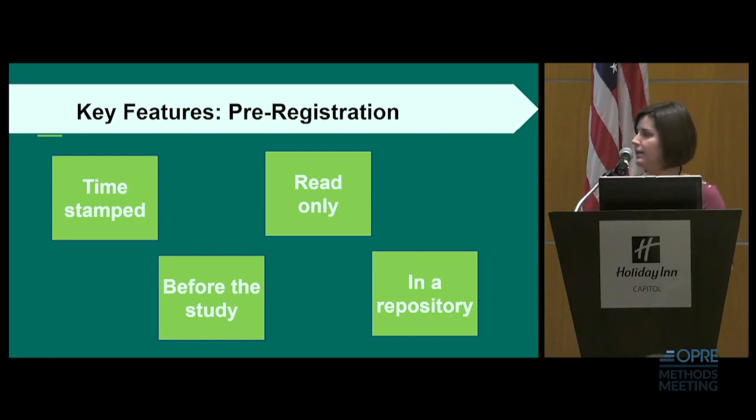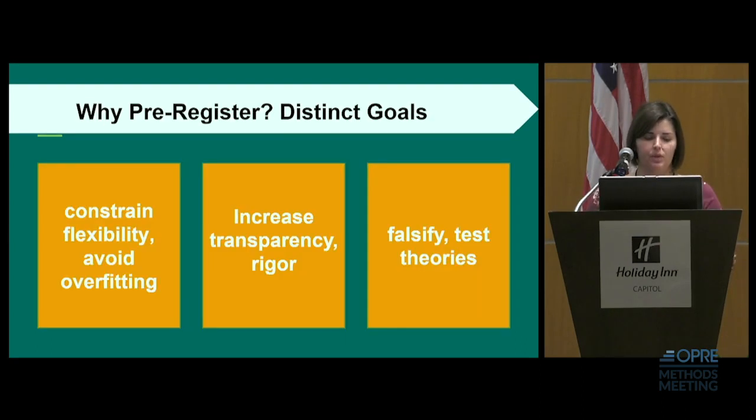It's a read-only document, which means you are not editing the pre-registration after the study has begun, and typically it will be posted in some kind of repository. I'll give some examples of what those repositories might look like in a moment, but these are the basic features.